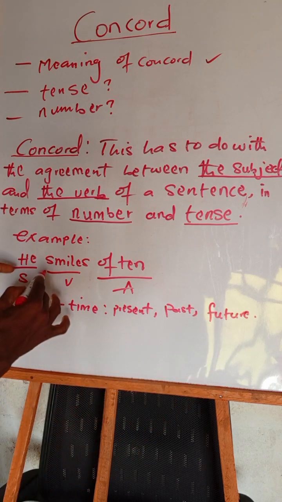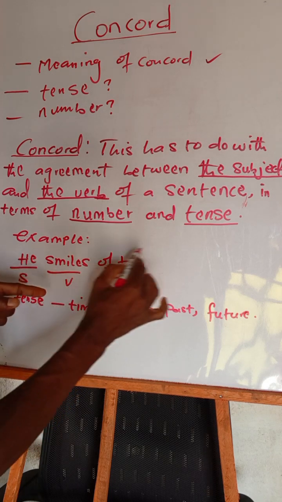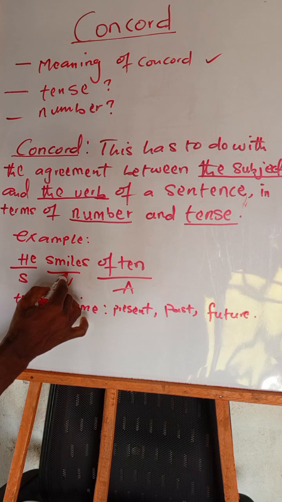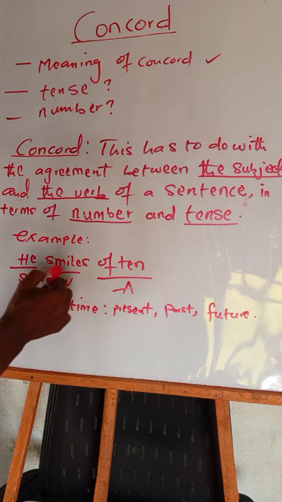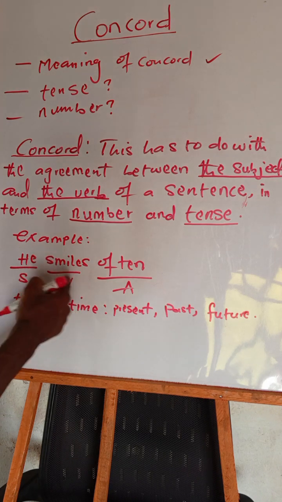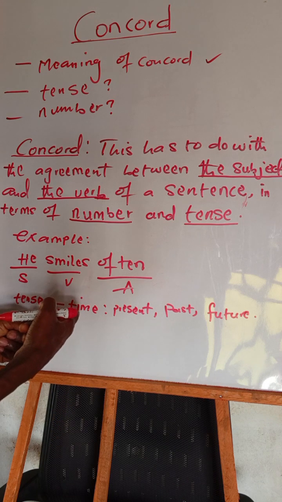Now, in this sentence, he smiles often. The tense here was indicated by the verb smile. Now, how does it show you time?